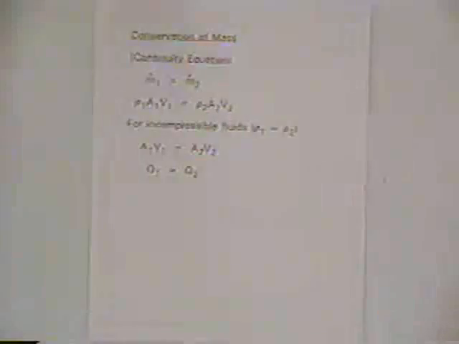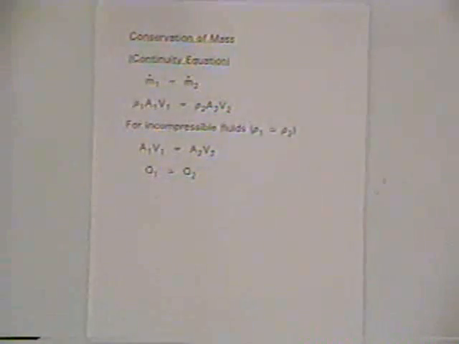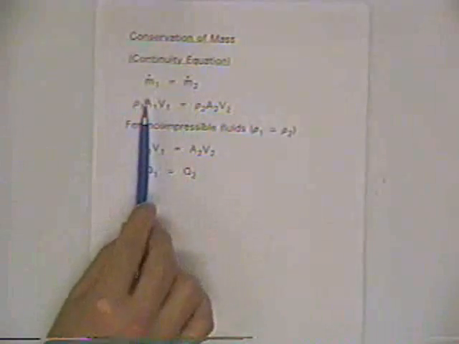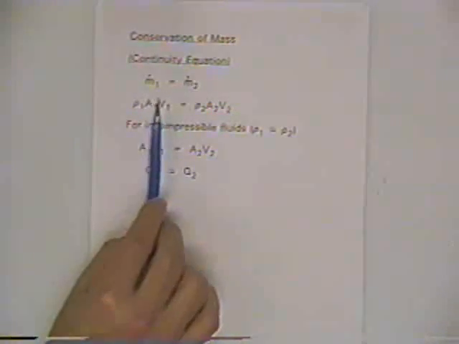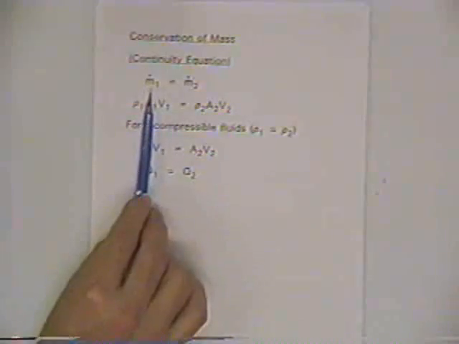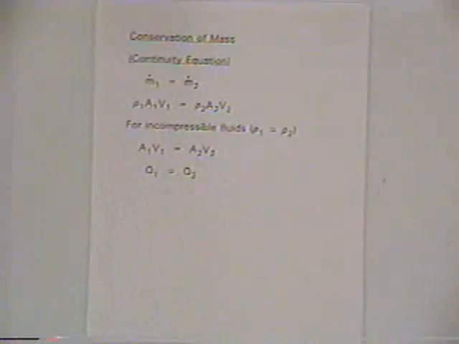So, just looking at the 3 conservation laws, mass, momentum, and energy, let's begin with mass. The basic conservation of mass: we're just saying that if we have a control volume, and we've got flows coming in and leaving at two sections, the mass flux, the mass per time at one section is equal to the mass per time at another section.